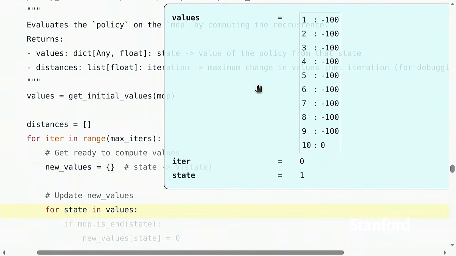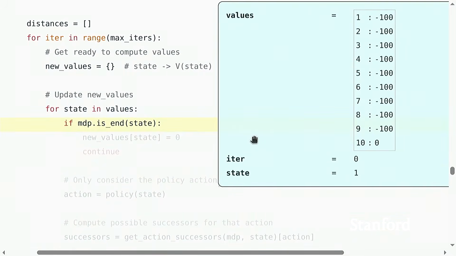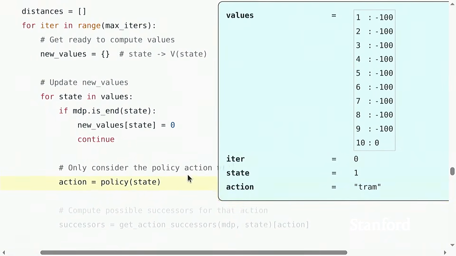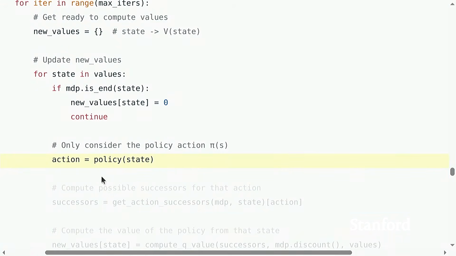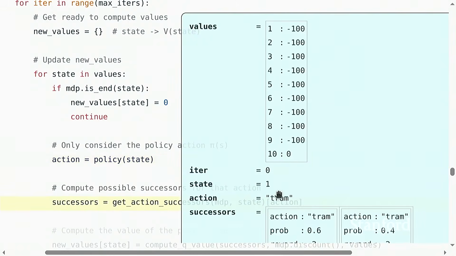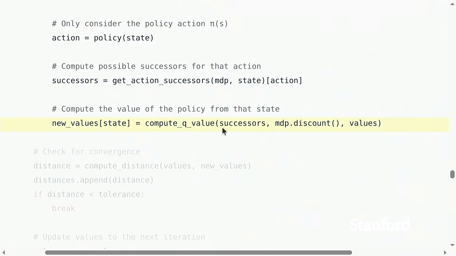I go through all the states. If it's at the end, then the value is always 0. If not, I consider the policy action: applying the policy to the state gives me an action, in this case tram. I look at all the successors of taking action tram in state 1, which gives me the two possibilities. Then I compute the Q value, which I presented before.